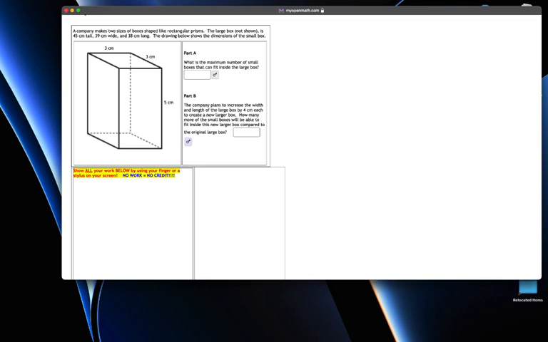Well, the large box is basically a box that is 38 centimeters long by 39 centimeters wide, and then 45 centimeters tall. I could draw that out if I wanted to, but remember, to find the volume of any rectangular prism, it's essentially the length times the width times the height, and that happens to be 66,690 cubic centimeters.